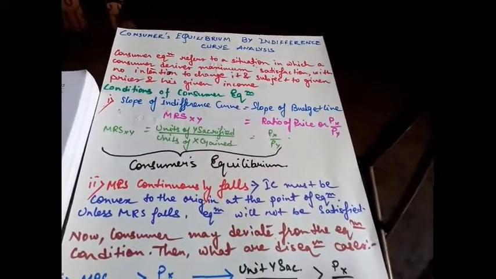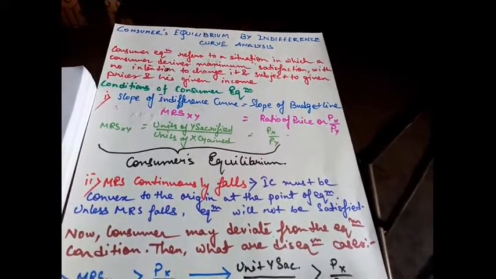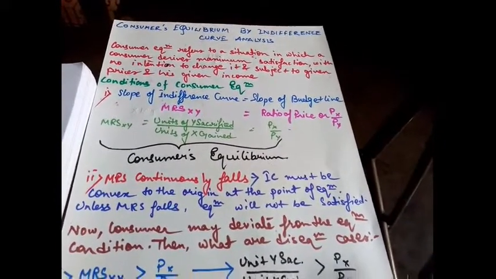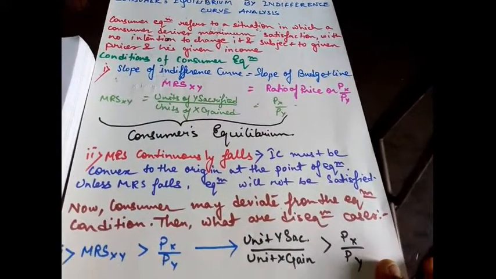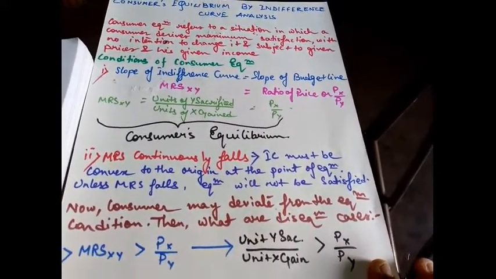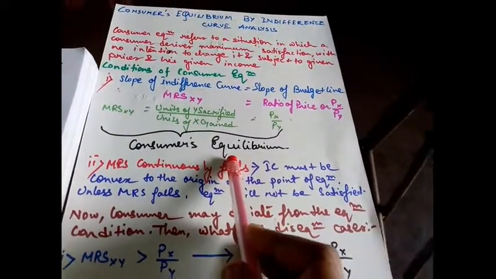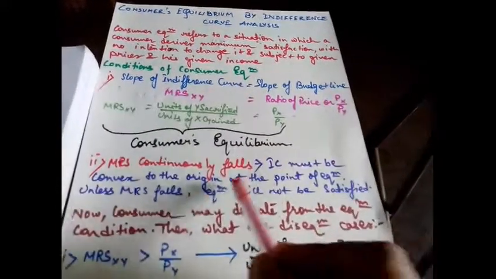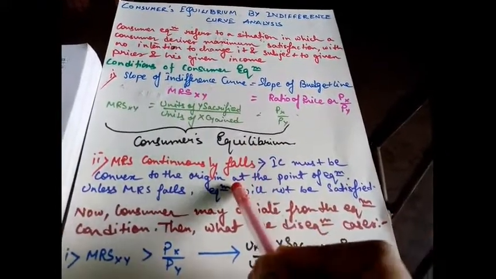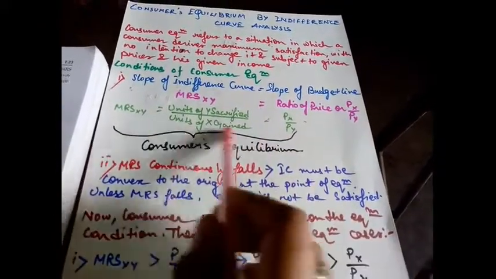No. Sometimes you move out for your entertainment, for your happiness, and after some time period, you return back to your home. The same thing, sometimes the consumer may deviate from this equilibrium condition. Now, when the equilibrium condition deviates, it's the consumer's duty to come back to this equilibrium position again.